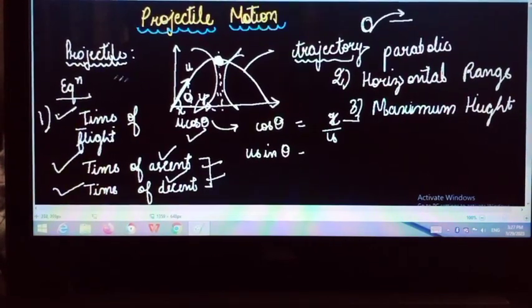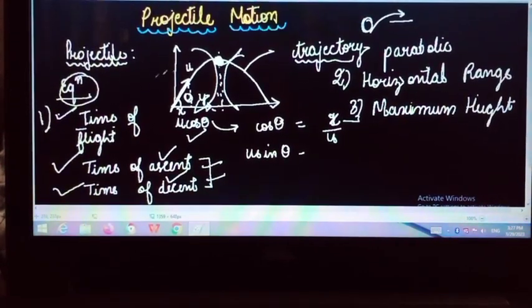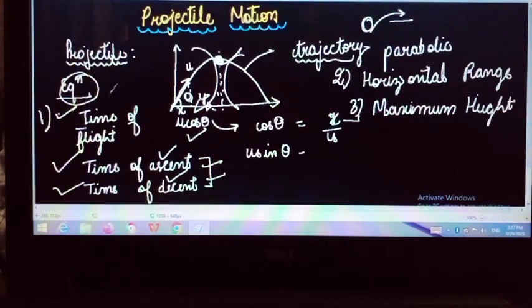Let's first obtain the equation of this projectile motion, which is a parabolic path. I have an object which is a projectile and it is thrown upwards in the air. It exhibits such a type of path.